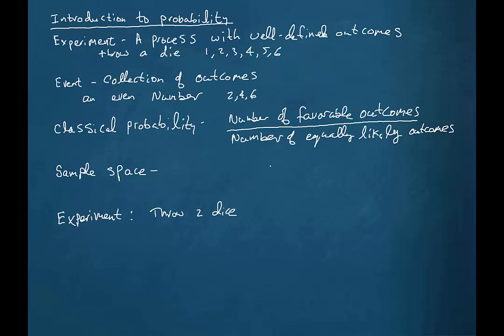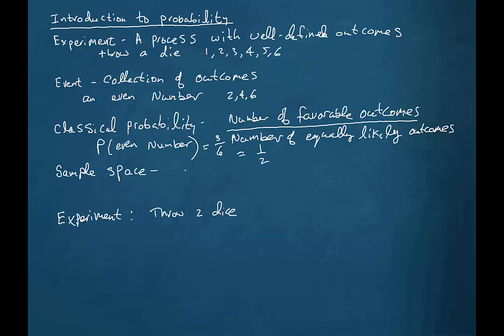So for the above example, if the event is to throw an even number, and this is some notation that we use, a big P, open a parenthesis, state the event, close the parenthesis, and then define the ratio. Well, there are 3 favorable outcomes, a 2 and a 4 and a 6, divided by 6 equally likely outcomes. And of course, that can be reduced to a half.